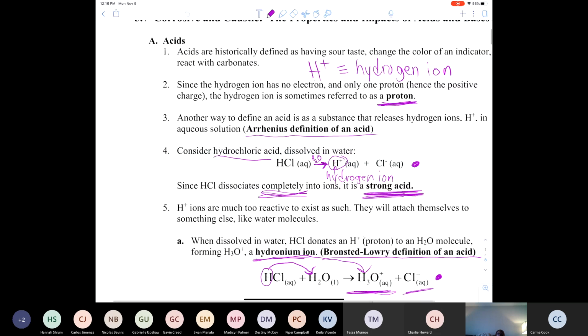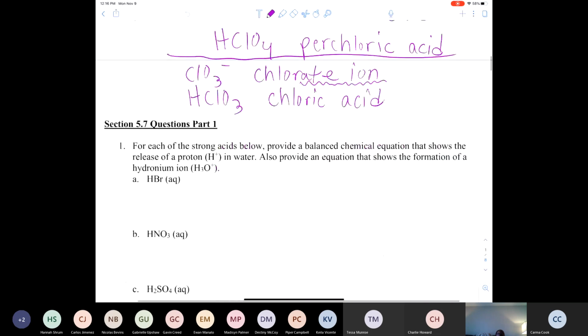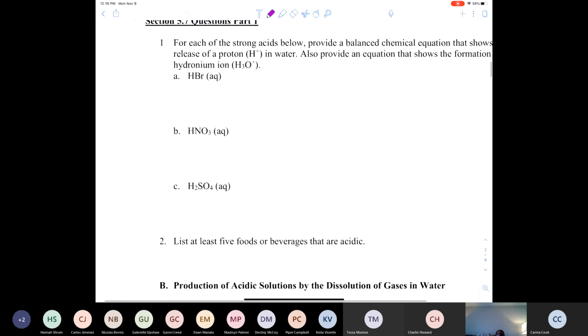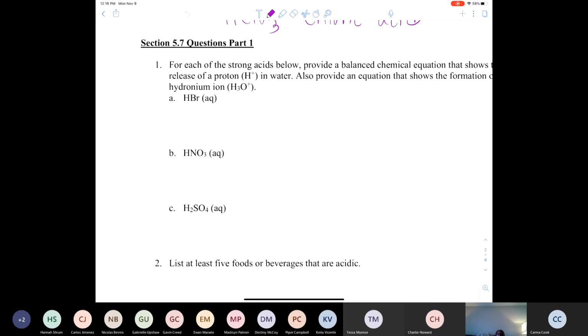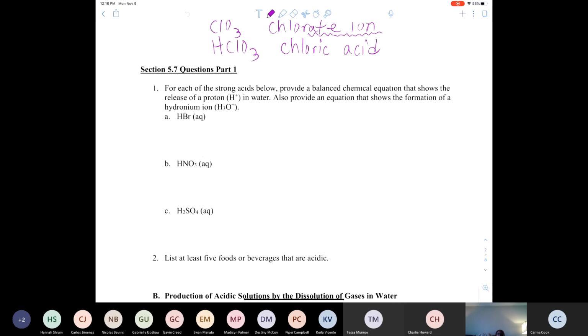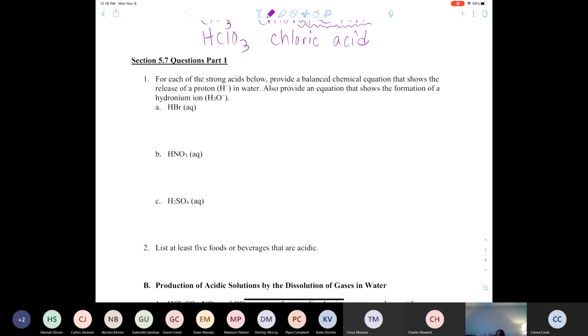And then in part 3 of our notes, I want you to take a look at questions 1 and 2. For question 1, we're asked to provide a balanced chemical equation that shows the release of a proton H+ in water. Also provide an equation that shows the formation of a hydronium ion.